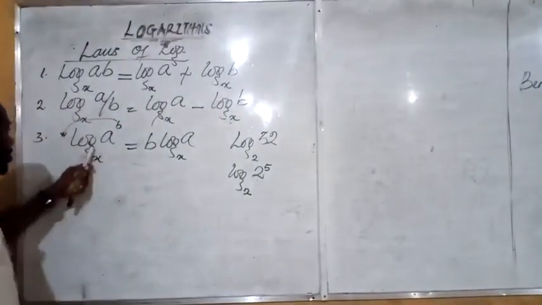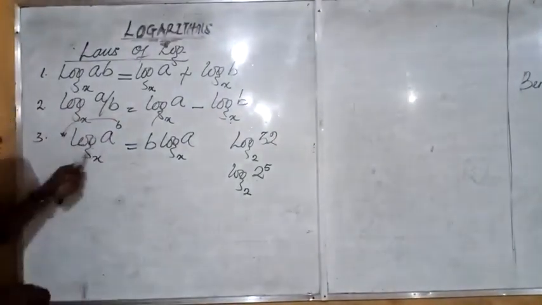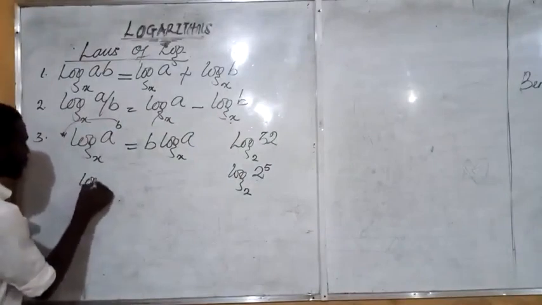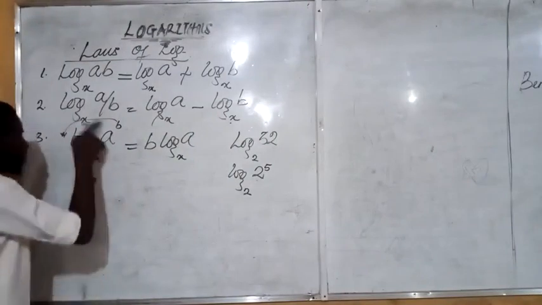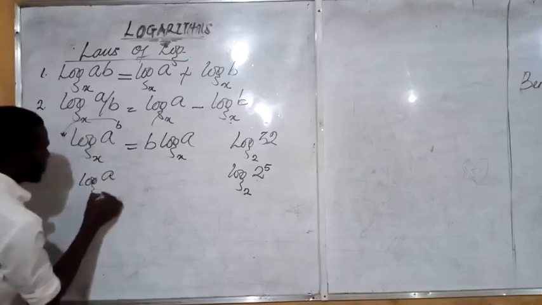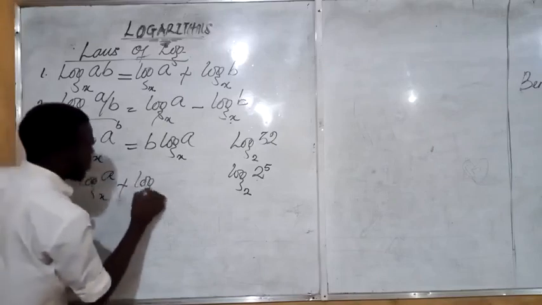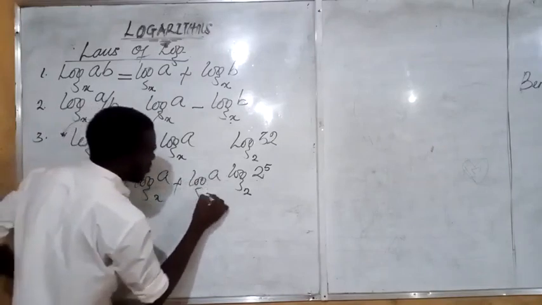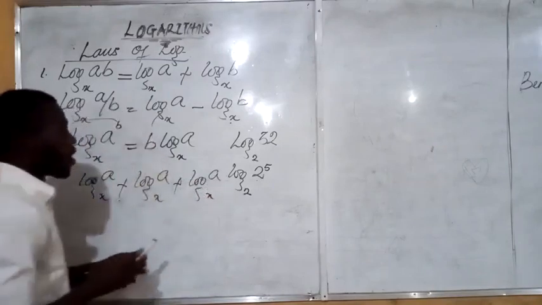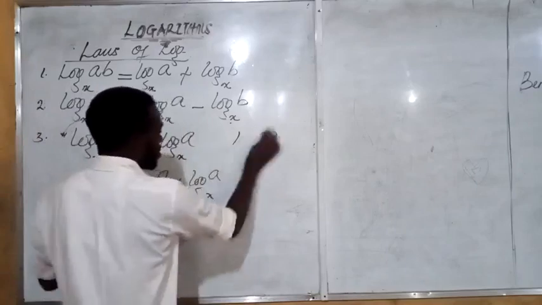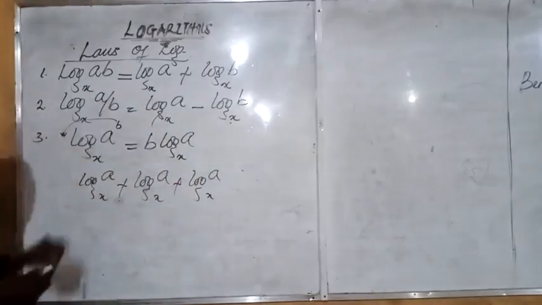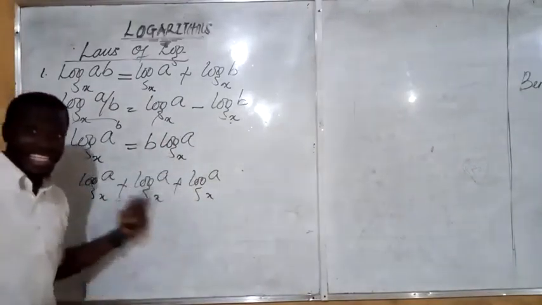But let me explain this law in another way. Look at this law. If I were to give you something like this, let us use the same expression. Log of a base x plus log of a base x plus the log of a base x. Now, what does this expression mean? I'm going to get back to this in a minute. But watch. Log of a base x, log of a base x, they are the same, right?